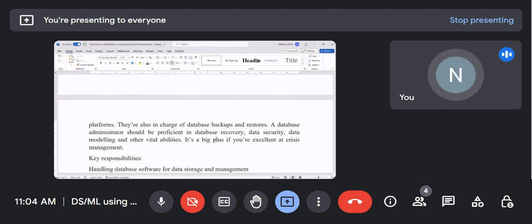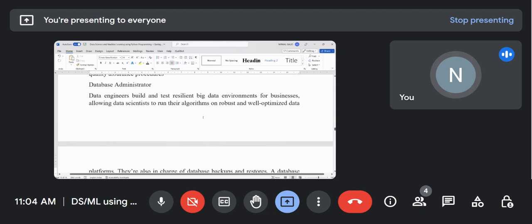So the data administrator is a person who knows about the client side and server side. He should be aware of how to keep the data, how to keep it safe, and how to recover that particular data. So if you have knowledge of server side scripting and the tools used for the server where you're going to keep the data, then you can apply for the data administrator roles.